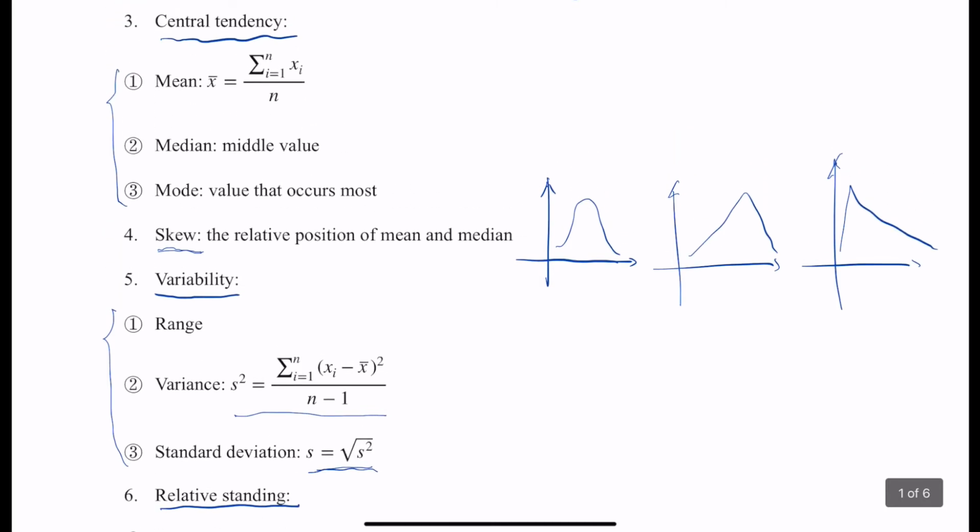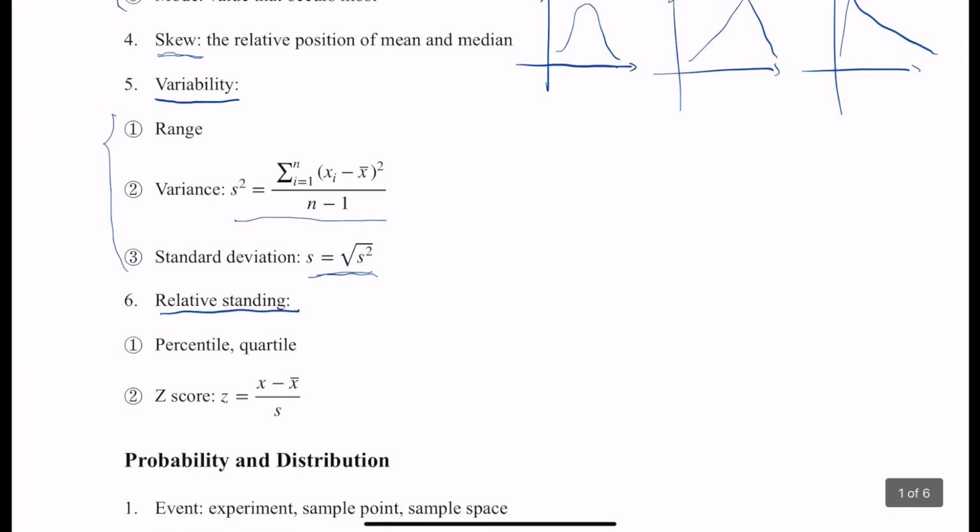Remember these formulas, which include the mean and the variance. They can be applied to any type of distribution, any type of random variable. So they're universal formulas.